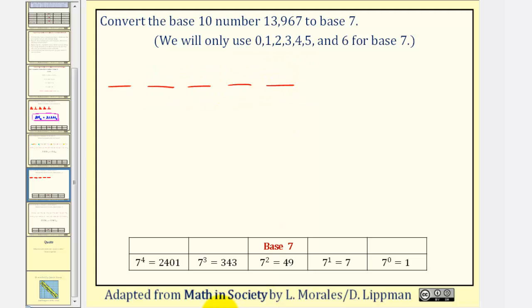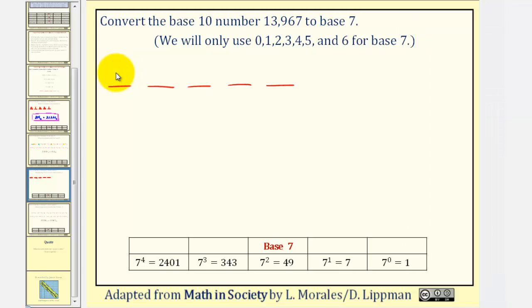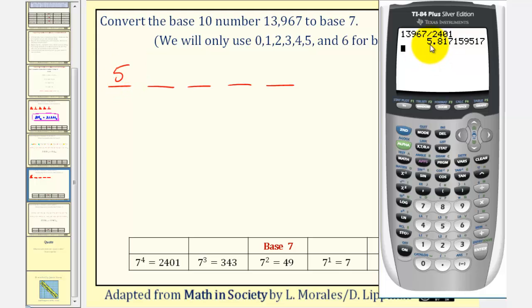And now we'll divide. 13,967 divided by 7 to the fourth, or 2,401, gives us this. We take only the whole number part for our first digit, which is 5. And now we'll subtract the whole number part and then multiply by base 7.